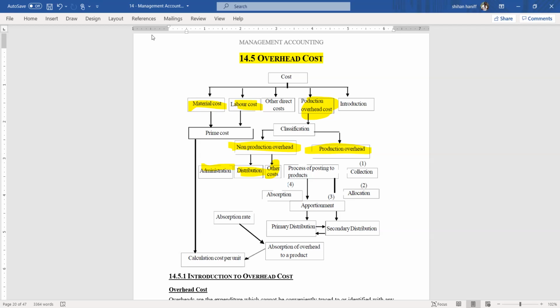So in manufacturing account, if you can remember, we take material cost and labor cost and other direct costs as the prime cost. For the prime cost, we add the production overhead cost. So once we add the production overhead, we get the total production cost.